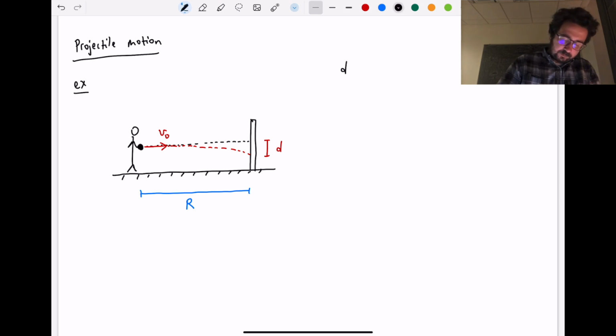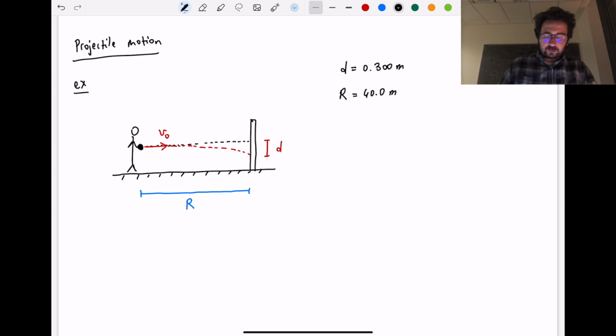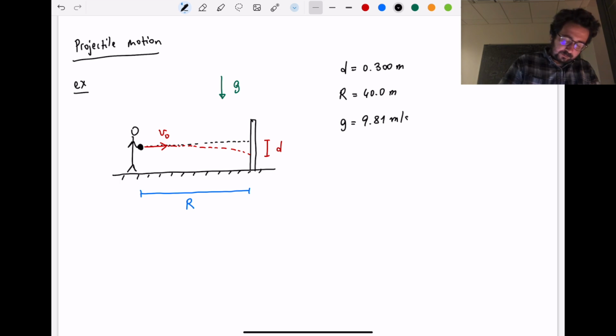Okay, now we are given d equal to 30 centimeters or 0.300 meters, correct to three significant figures, and we are at a distance 40 meters from the target, and of course we have the gravitational acceleration g in the downward direction, where the value of g is 9.81 meters per second squared.